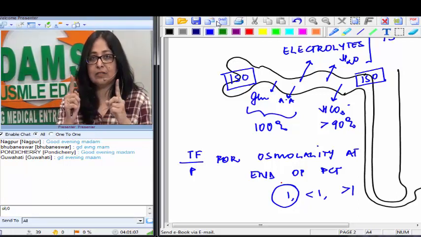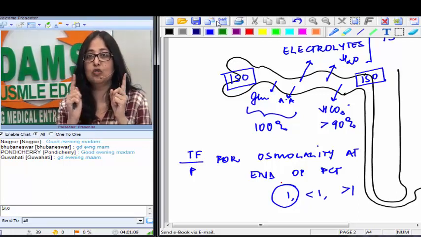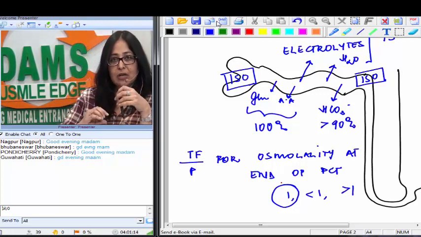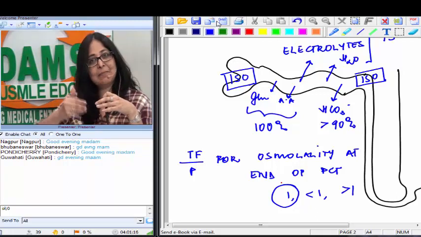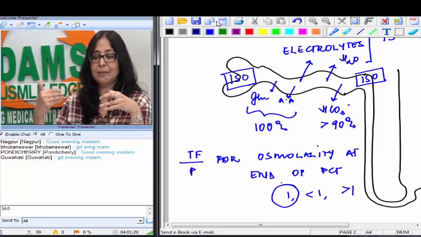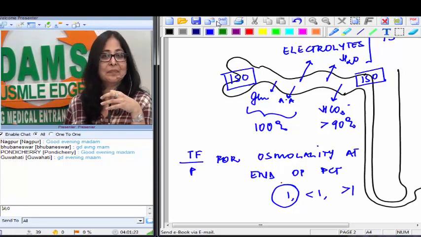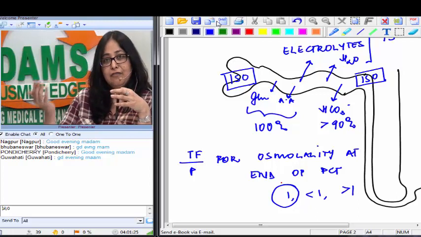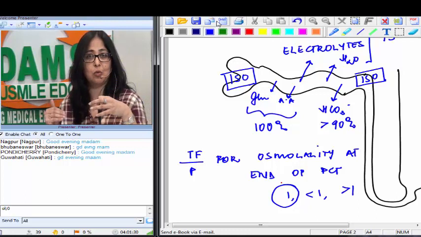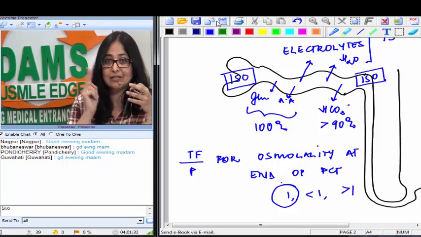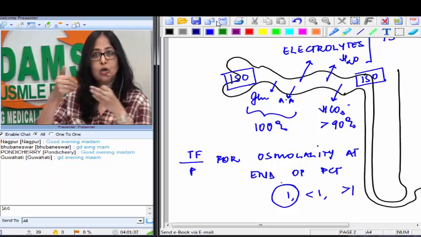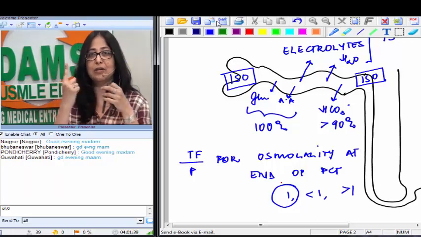If the substance and water are absorbed to the same extent, then the tubular fluid concentration will be the same as the plasma concentration, and the tubular fluid by plasma ratio will be 1.